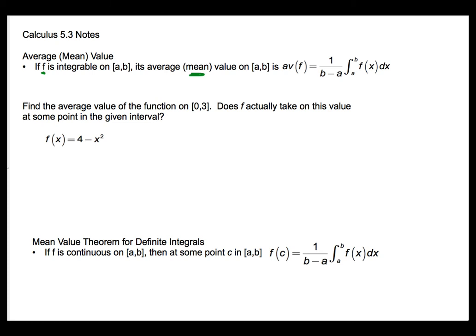Find the average value of the function on 0 to 3. Does f actually take on this value at some point in the given interval? So we're looking at the integral of 4 minus x squared dx. If we want the average value, then we're also going to look at 1 over 3 minus 0.